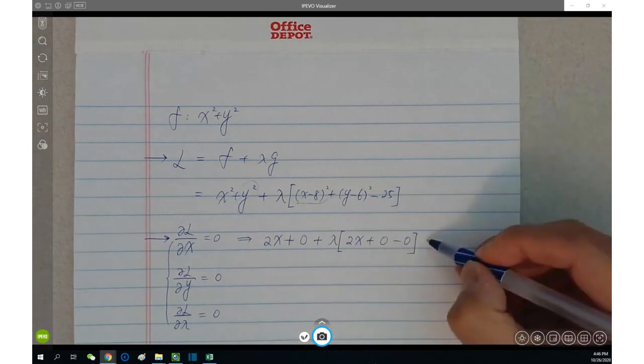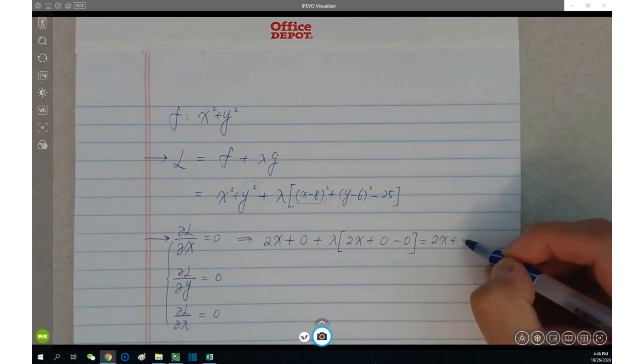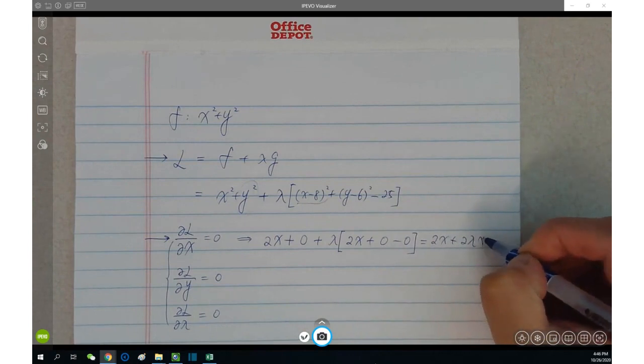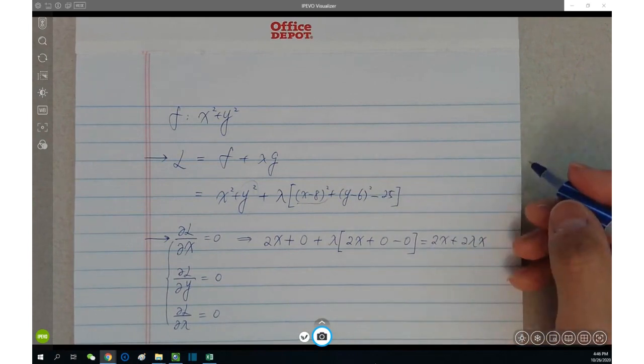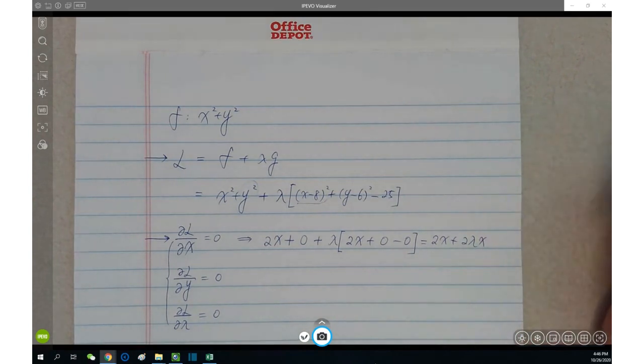So it just equals 2x plus 2 lambda x. Right? Any questions?